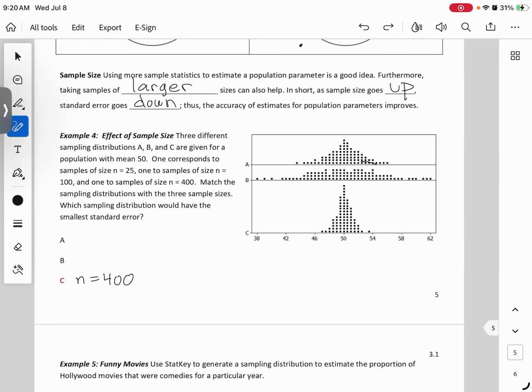Now, something that's really wide, that's all over the place, would probably be because they didn't use very good sample sizes. Maybe only like 25 people per dot. And then the one that's not too wide, not too narrow, just kind of right in the middle, would be if they used the medium size.